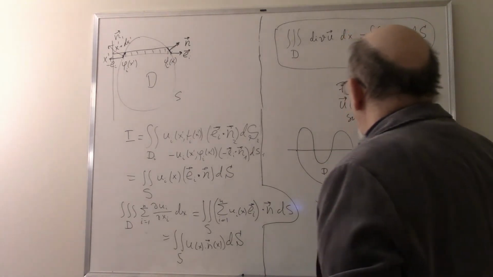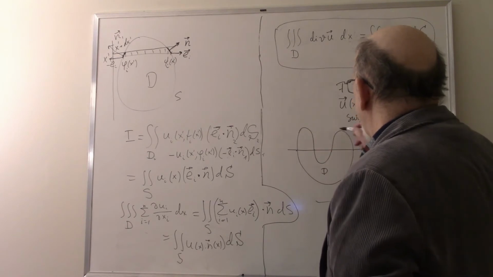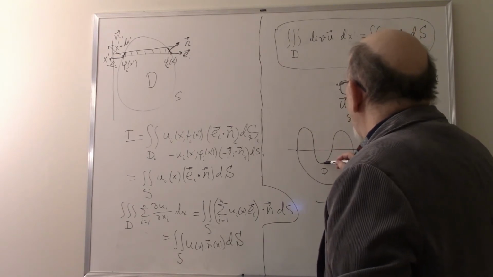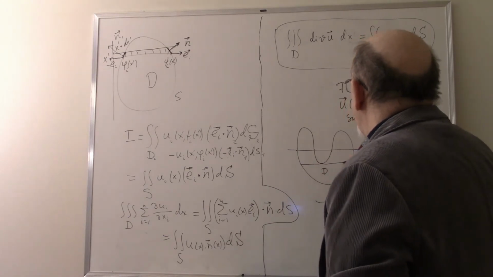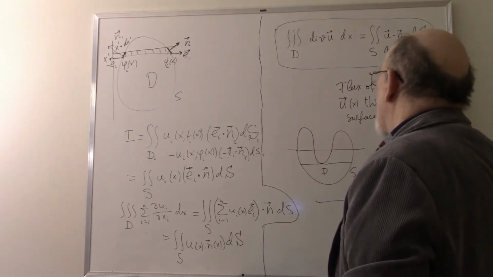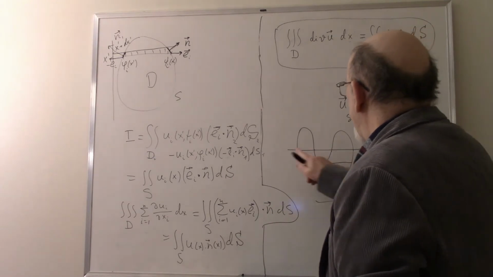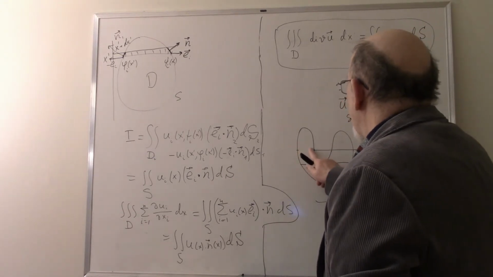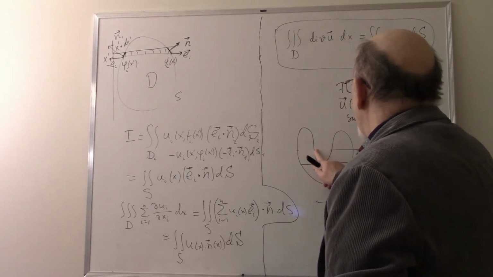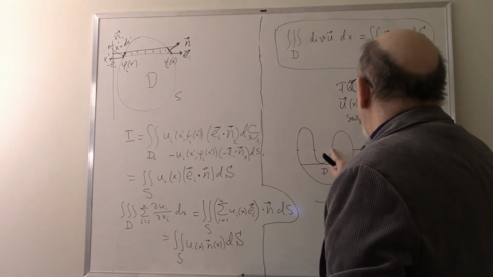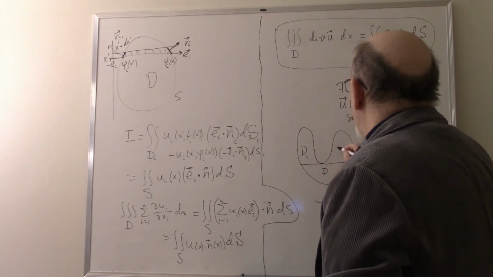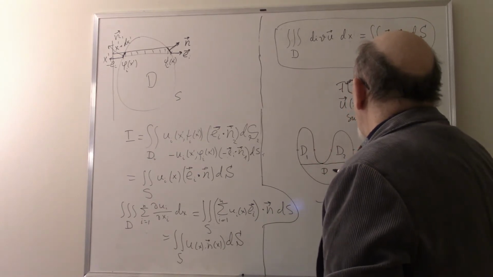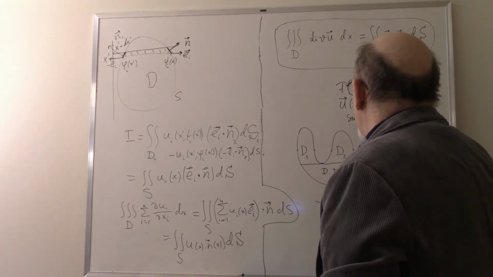Here we can take this domain and cut it into pieces, like this. It is domain number 1, domain number 2, and domain number 3.